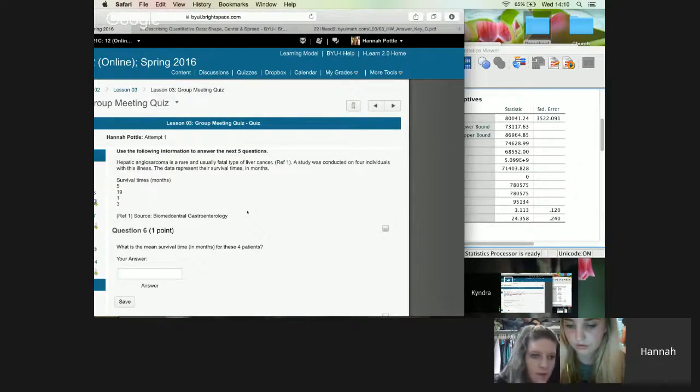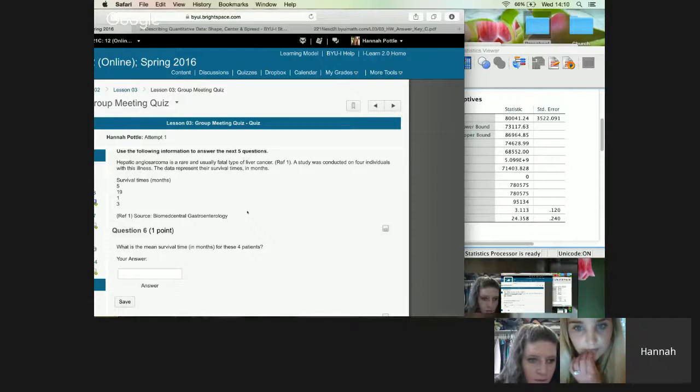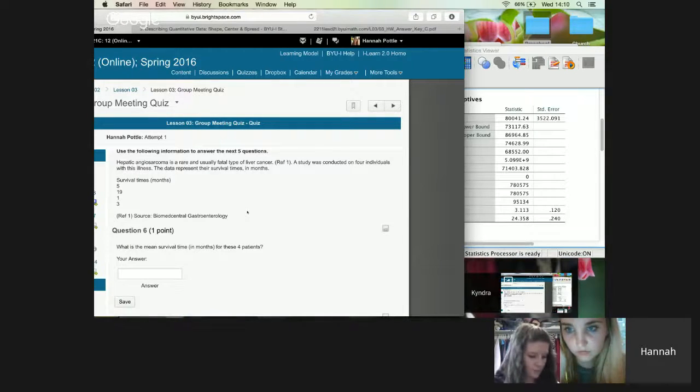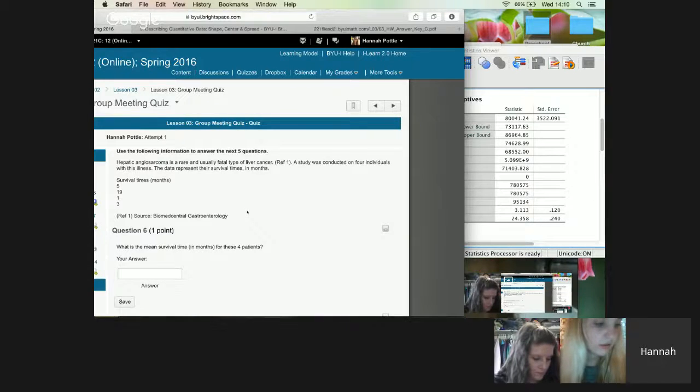Do we have to round it at all? I got 4.75. So at the beginning it said round to 3 decimals, I think. To 3 decimals? Yeah, I'm pretty sure that's what it said at the top. So I got 9.25. Is that right? 5 plus 19 plus 1 plus 3 divided by 4.